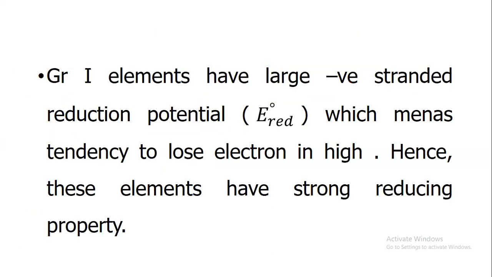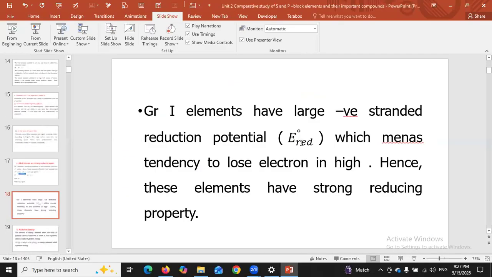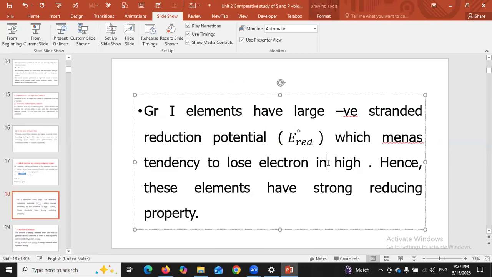Group 1 elements have large negative standard reduction potentials, which means the tendency to lose electrons is high. Hence, these elements have strong reducing property.